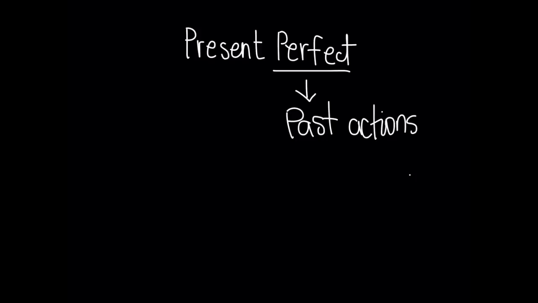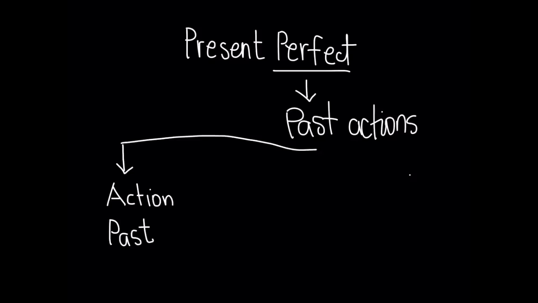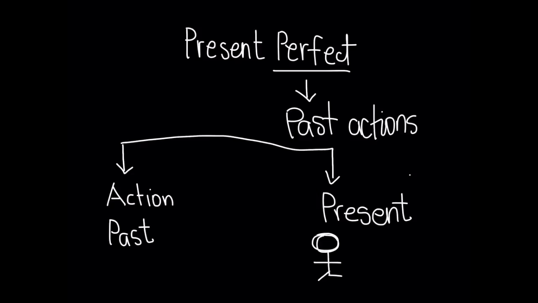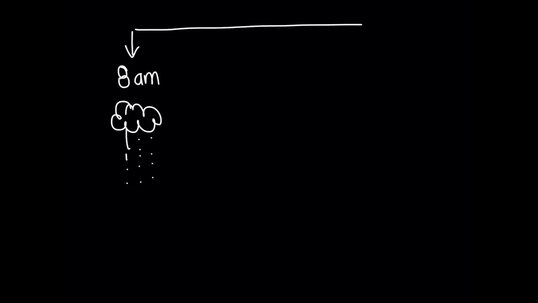All the perfect tenses refer to past actions. And in the case of the present perfect, it means that it's an action that began in the past but continues in the present. And this is perceived by the speaker. So, for example, let's say I woke up this morning at 8 a.m. and it was raining.